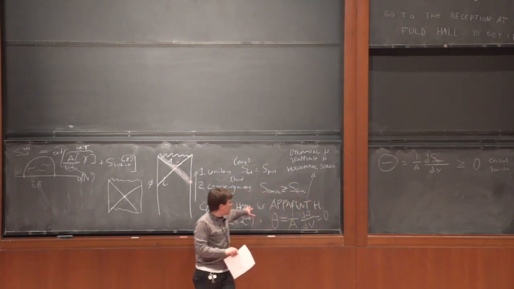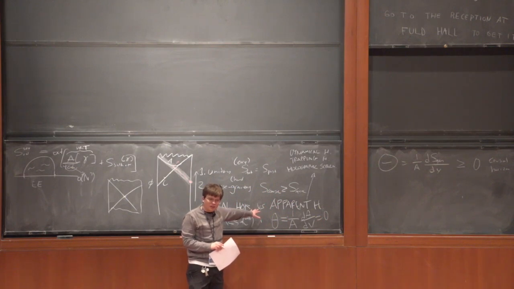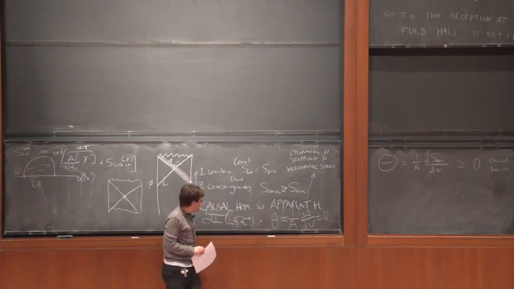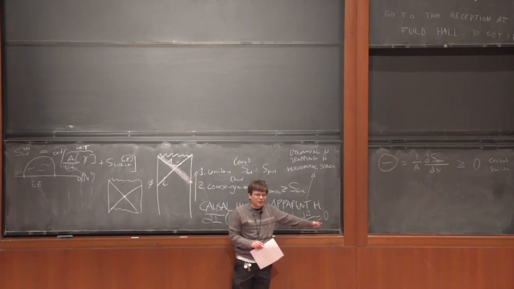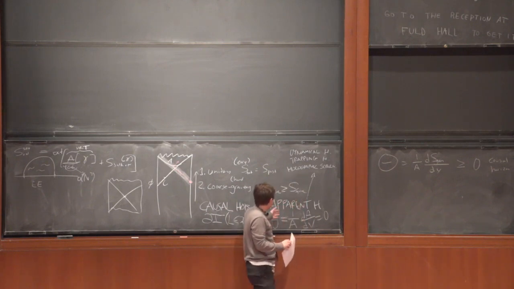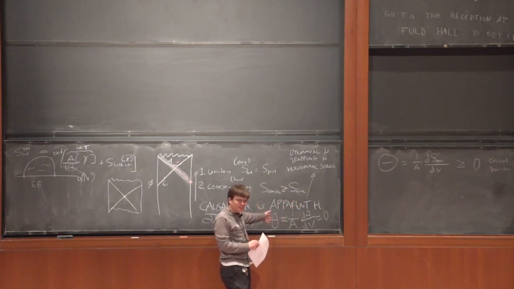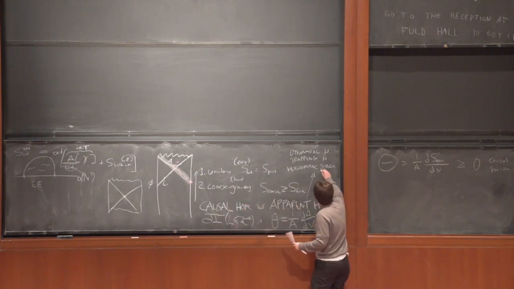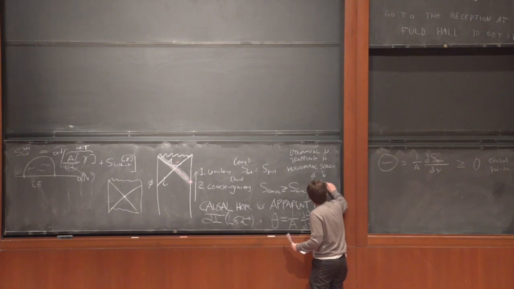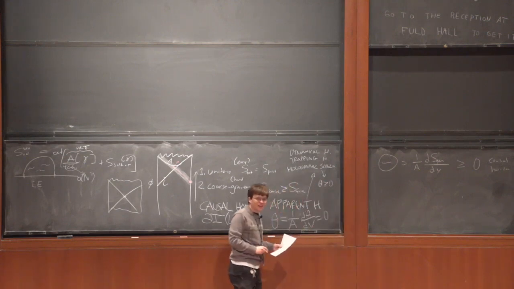But you can also make things work for the apparent horizon if you define it properly, because this theta equals 0 thing is very suspicious. It's classical, it involves the area. Clearly, if we want to consider the quantum version of this, these apparent horizons satisfy theta is greater than or equal to 0 along the horizon.